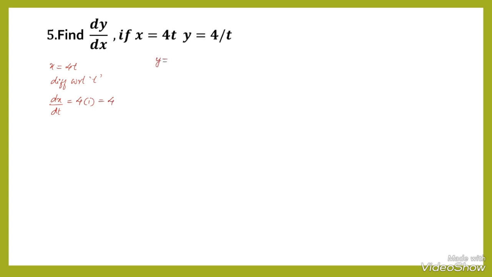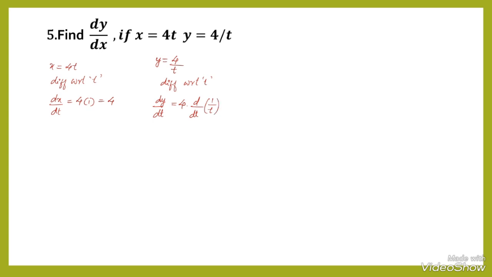Similarly, y is equal to 4 divided by t. Again differentiating with respect to t, dy by dt is 4, which is a constant, times d by dt of 1 by t.